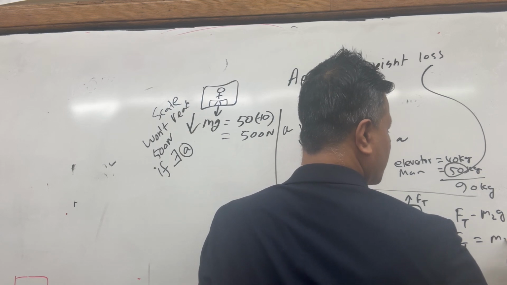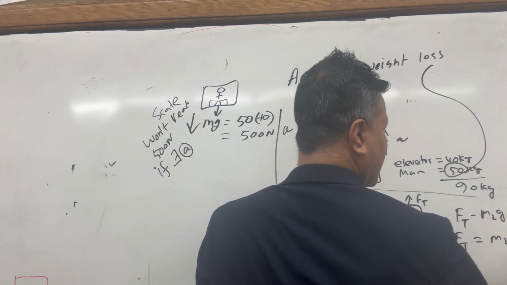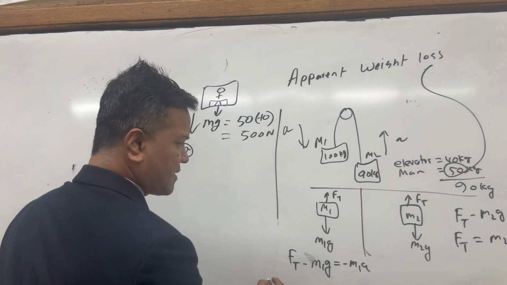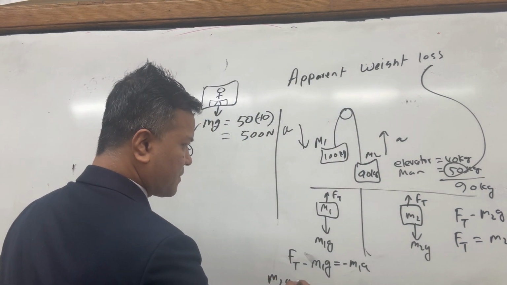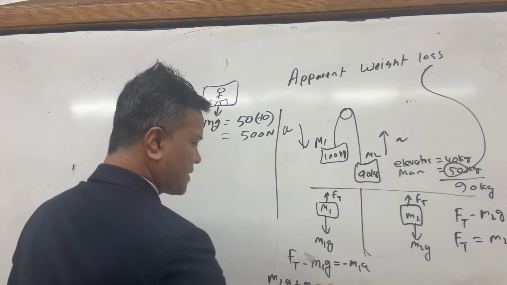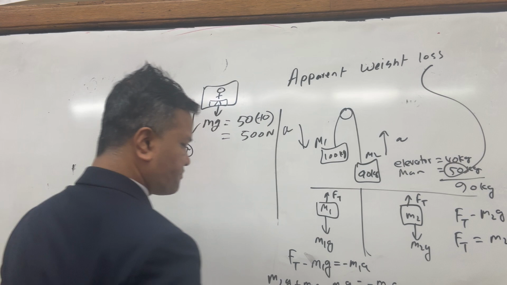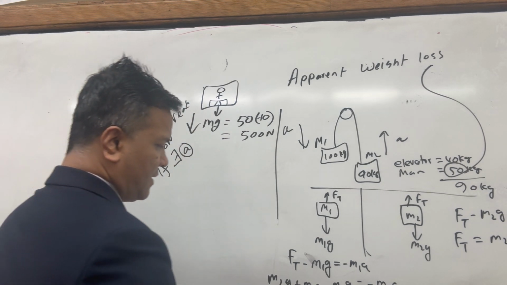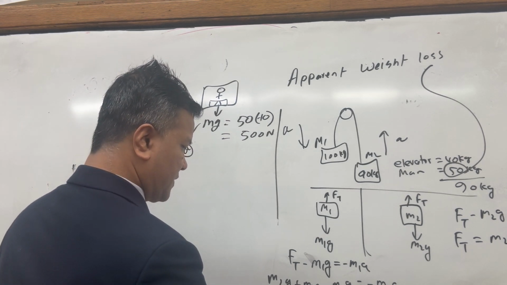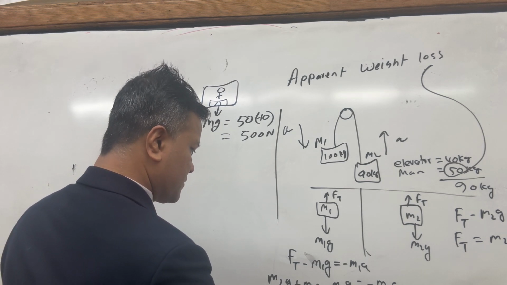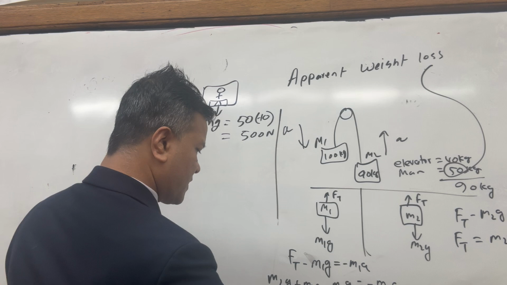Okay, so what is Ft? Ft is equal to m2g plus m2a. So you're going to plug that in. m2g plus m2a minus m1g is equal to minus m1a. All right, so let's see. We're going to isolate m2a plus m1a.